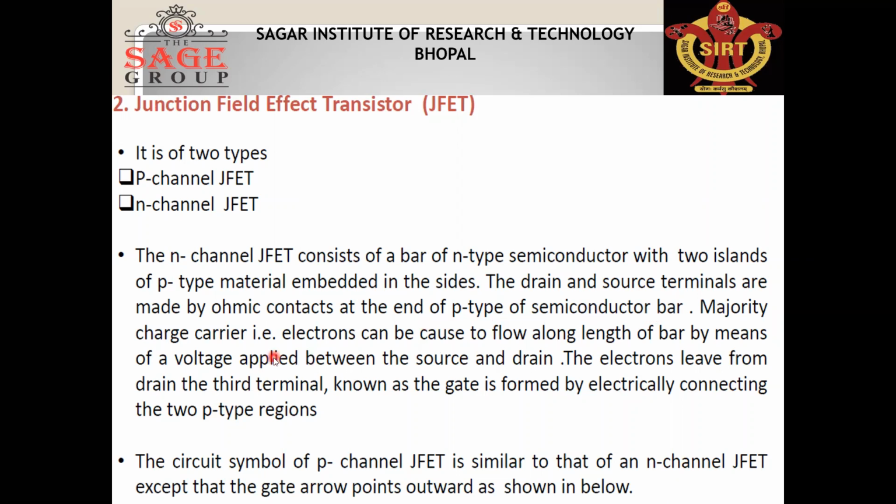The majority charge carriers, electrons, can be caused to flow along the length of the bar by means of voltage applied between the source and drain. Since the N-type semiconductor bar is used as a channel, and in N-type semiconductor the majority charge carriers are the free electrons, which cause the flow of current, that's why it is known as N channel.